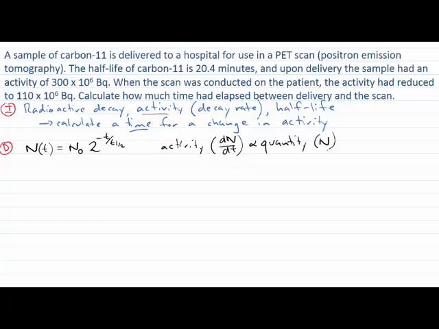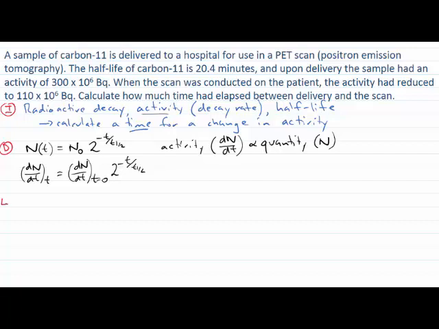So we could think of this decay equation as also being in terms of the decay rate, the activity at some time t, which will be the activity at some initial time, t equals 0, again multiplied by this factor 2 to the minus t over the half-life. And so we should be able to do something with this expression to calculate a time.